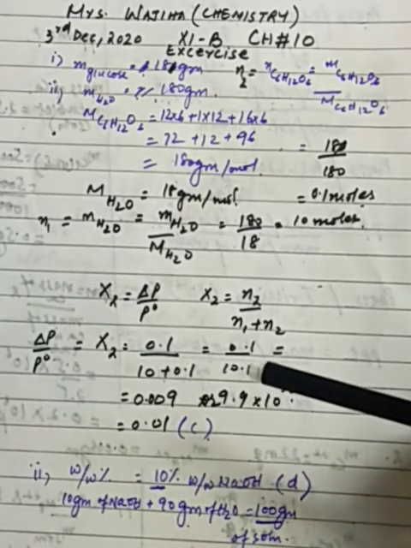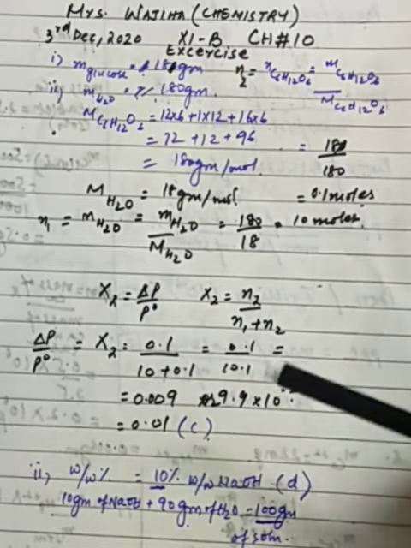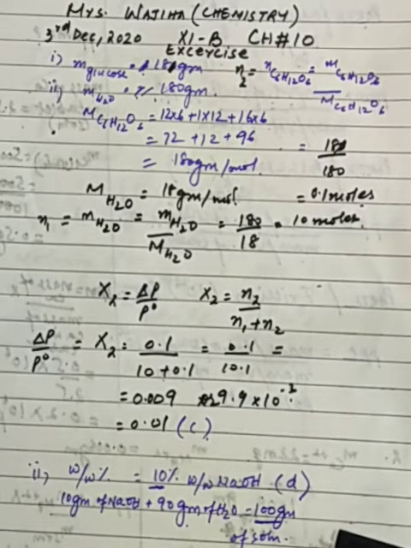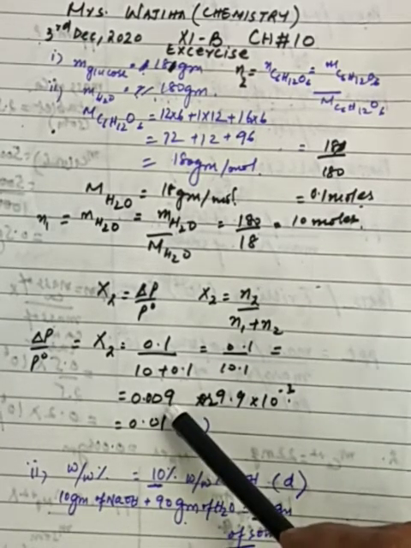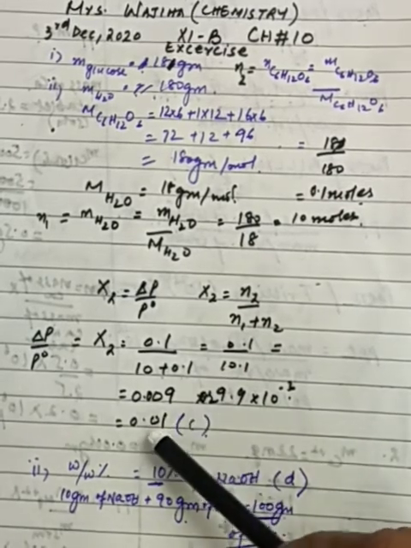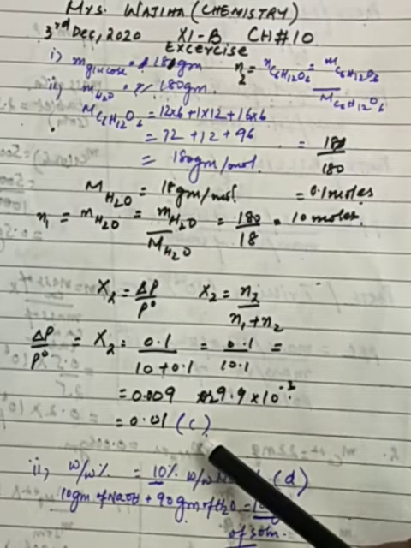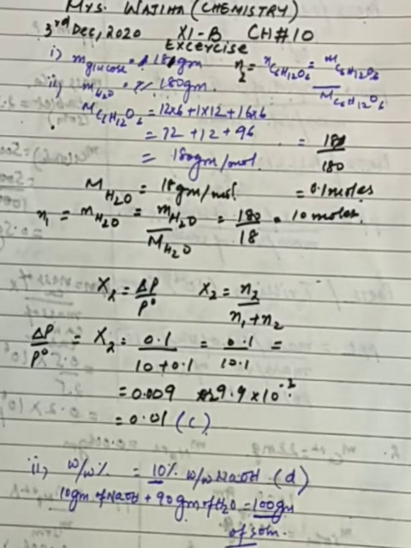In this question, the options given are A option is 1, B option is 1.8, C option is 0.01, and D option is 0.001. हमारे पास जो बॉयज़ आंसर आ रहा है that is 0.009. When we round it off, it will be equal to 0.01. So option C is the correct option. So we marked option C.